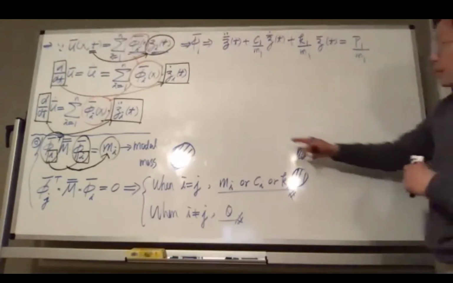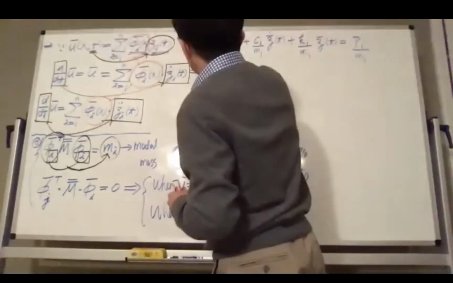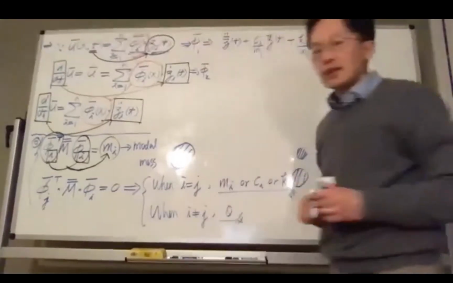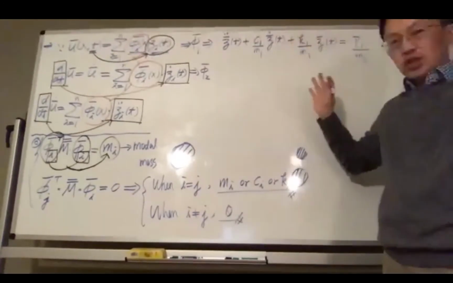So if we operate the first mode, we're going to get this result. If you operate the second mode shape vector, phi2, to the original governing equation, the original governing equation is an n by n big chunk of matrix.